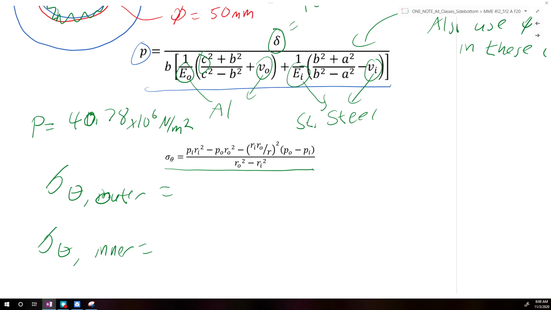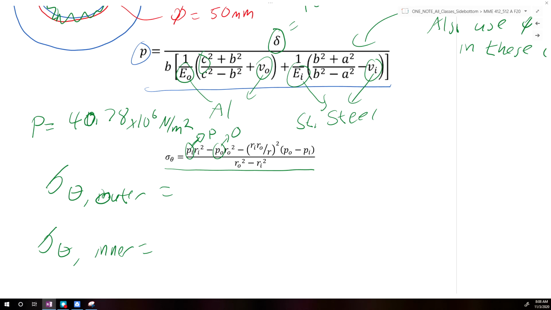For the outer element, Pi in this equation is equal to P, and Po is equal to 0. The inner and outer radiuses are all given, and we can also just use the diameters because that's what's given to us in this problem. So we'll use the diameters.